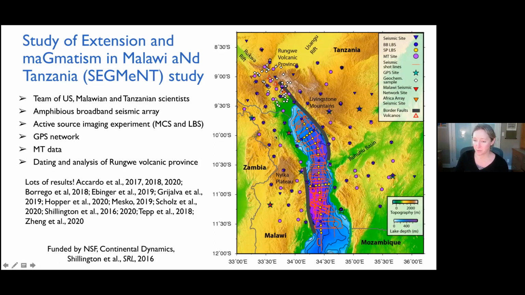It included a broadband onshore, offshore experiment, magnetotelluric data, geochemical sampling, a geodetic network, which with some of the members of this team is still operating, and an active source seismic imaging survey within the lake, which is shown with all these curly red lines and the circles, which are lake bottom seismometers. And so I encourage you to look at many of the exciting results that have come from this project, but today we're really going to focus on the active source imaging of fault systems within the lake, and in particular focus here on the North Basin.